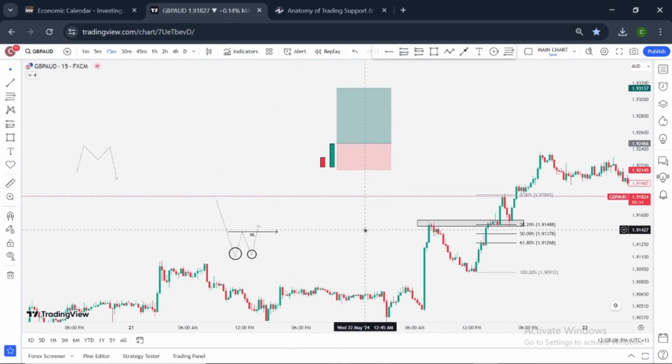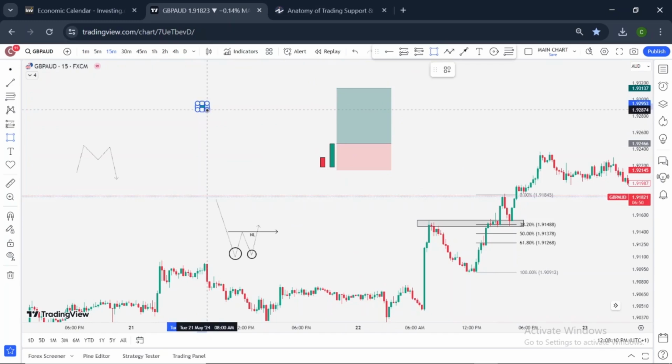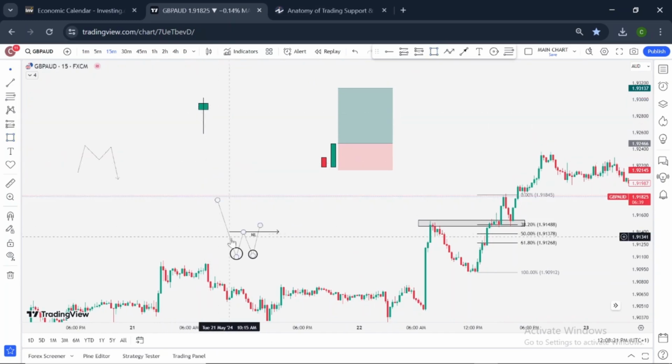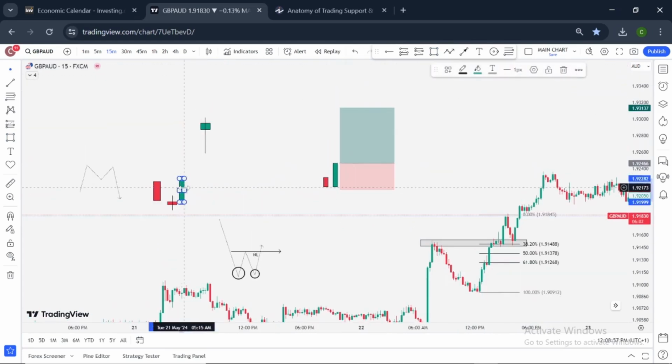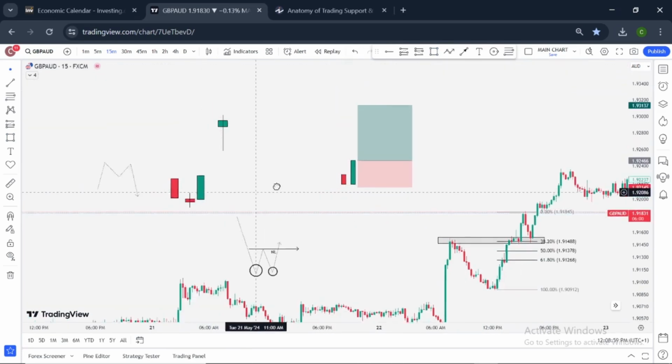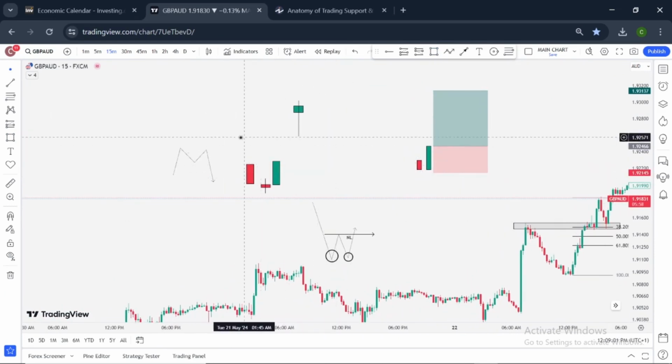So these are the confirmations that we look for. Either locate a pin bar, hammer, double bottom, engulfing candle, or evening star or morning star. For instance, for this buy, you have a bearish candle like this. If you spot a candle formation like this within the zone, this is a morning star.